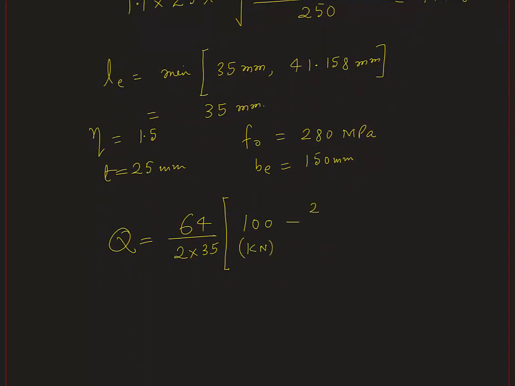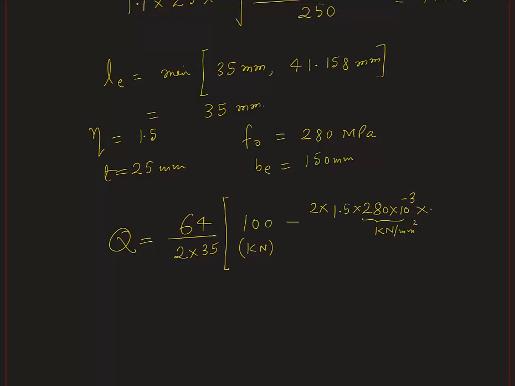This minus 2 into 1.5, and Fy is 280 MPa. Let us convert into kilonewton, so this term we now have in terms of kilonewton per millimeter square.